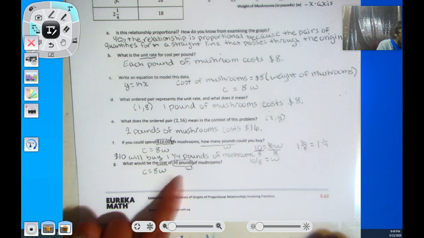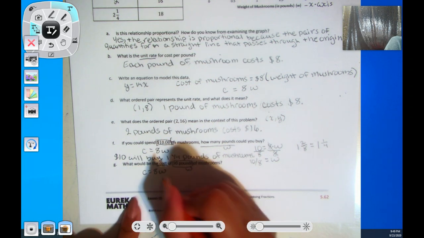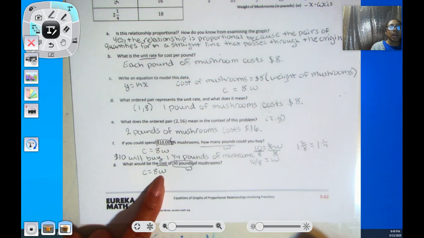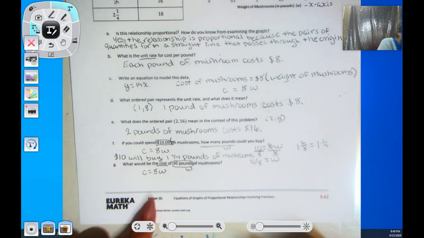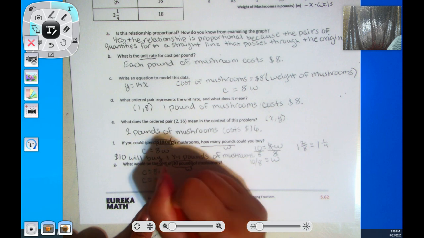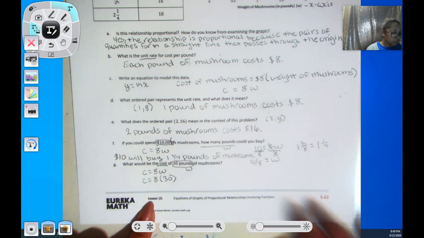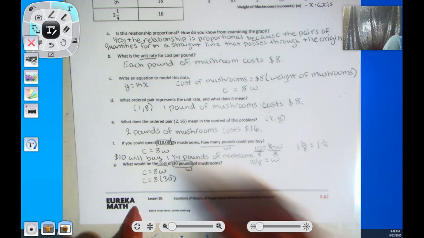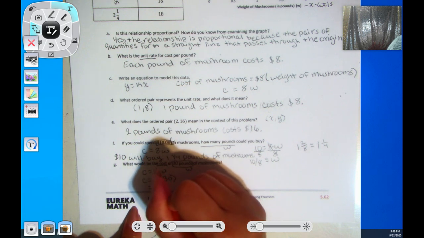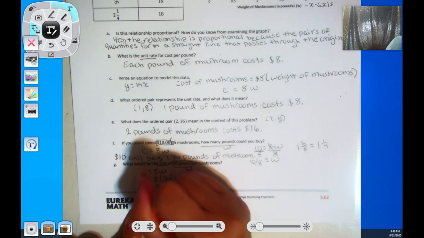So in this situation, we're looking for the C, but we know the W. I can go ahead and replace the value of W with 30. So I'm going to rewrite the equation, replacing W with 30. And so I see in order to find C, I'm going to have to multiply 30 times 8. Well, I know that 8 times 3 makes 24. So if 8 times 3 makes 24, then 8 times 30 is going to make 240.